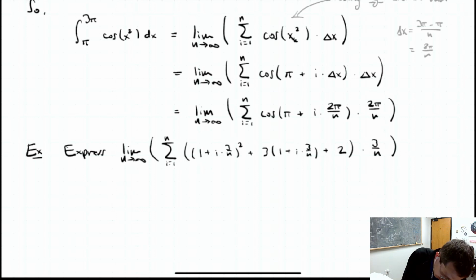So we're going to express this as a definite integral.